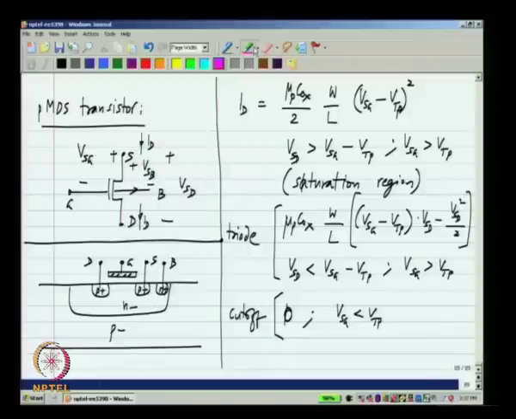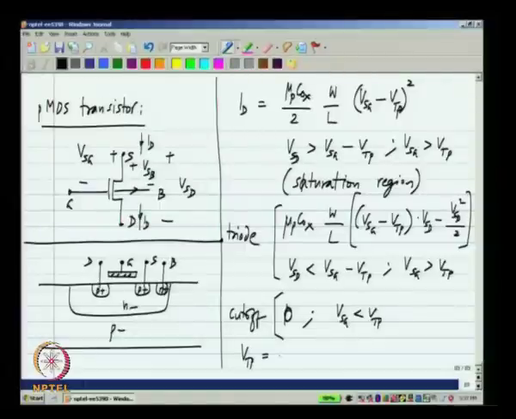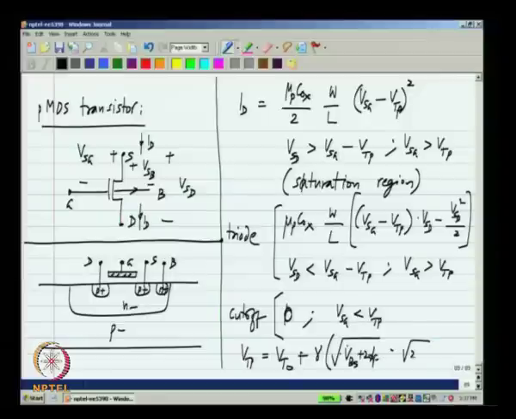Now, the equations are exactly same as that of the NMOS transistor, and the expression for the threshold voltage is also the same. Okay. The PMOS threshold voltage will be the threshold voltage with 0 bulk source voltage plus gamma times square root of VBS plus 2 phi f minus square root of 2 phi f. Okay. Now, compared to the NMOS transistor, there are many ways of writing the PMOS equations.